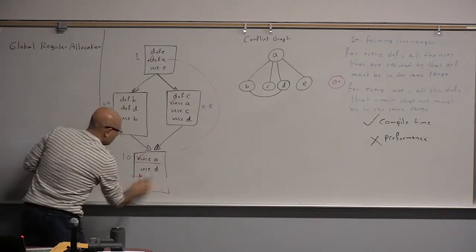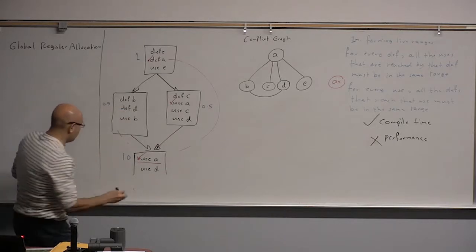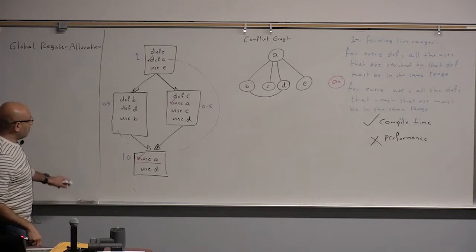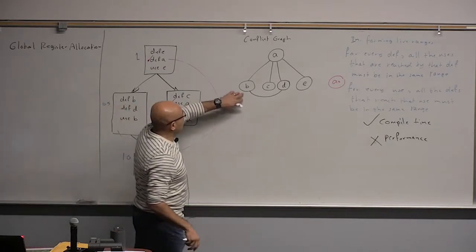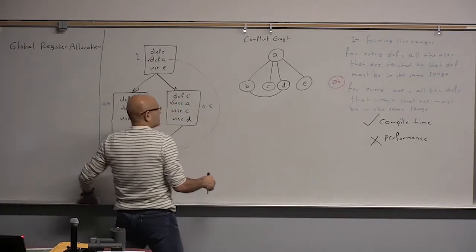Okay, so now let's remove this and get back to our example. Now the point is we have this conflict graph, and we have only two physical registers.